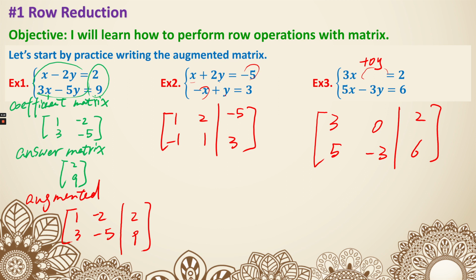Something else I want to emphasize, the reason we can choose to write them into matrices without writing the x, y, z, or in the future maybe more variables, is because the matrices are already formed in a very specific way. This column represents all the x, that column represents all the y, and that column represents all the answers on the right side.